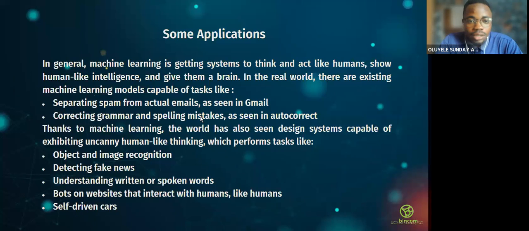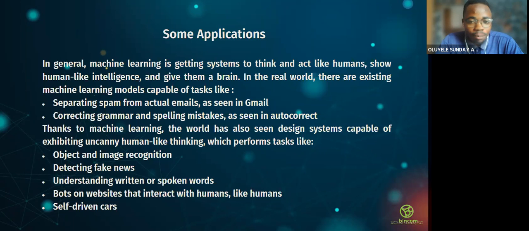And looking at machine learning in general, we said we want them to behave like humans, and this can make them perform certain tasks, like separating spam from actual emails. As in Gmail, you just discover that some mails automatically go to the spam folder, and you wonder why this is happening.